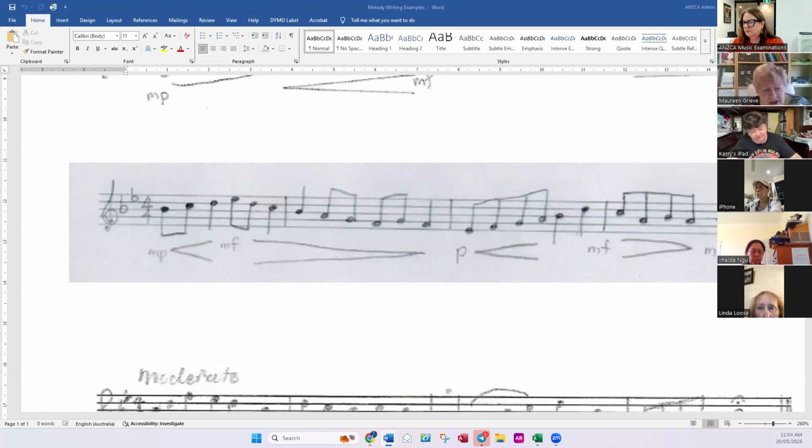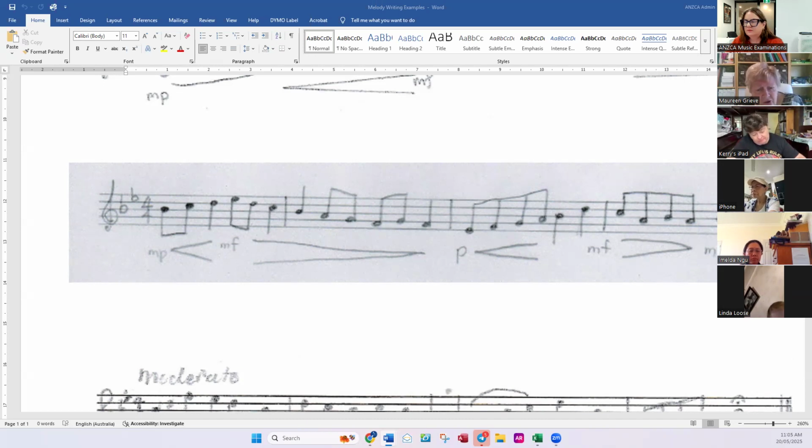I think at this level they need to follow the rules so that when they get further on, they know how to break the rules, or how to use things like accented passing notes. I don't want to see it at grade 3 level, because they're not showing an understanding of what they should be doing.